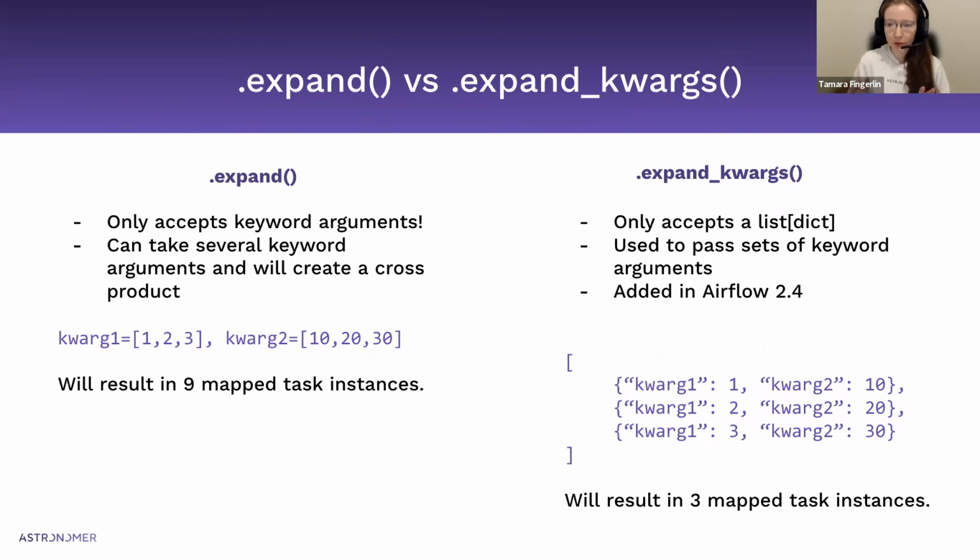And within each of those dictionaries, you can define as many parameters that the operator needs as you want. And Airflow will create 1 mapped task instance per dictionary that you put in. Here I put in just 2 keyword arguments in each dictionary, but you could put in 10 if your operator takes 10 different keyword arguments. So you have a lot more fine-grained control over what exactly happens to each map task instance.